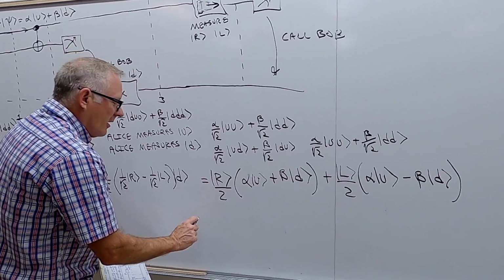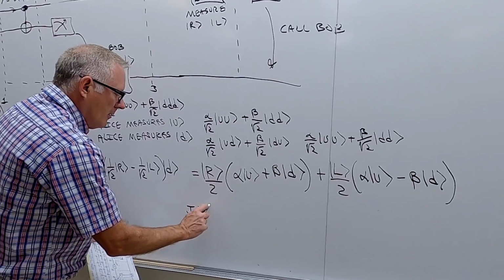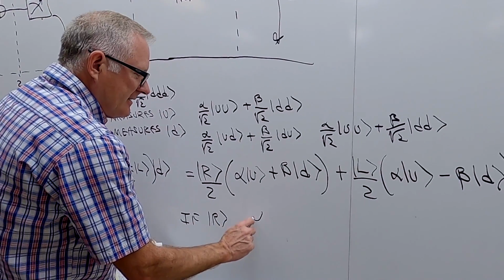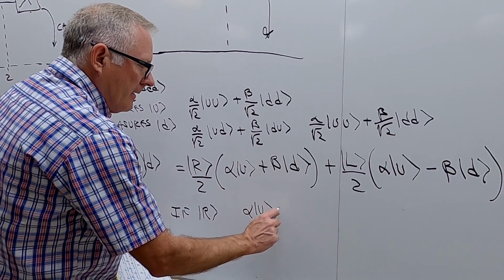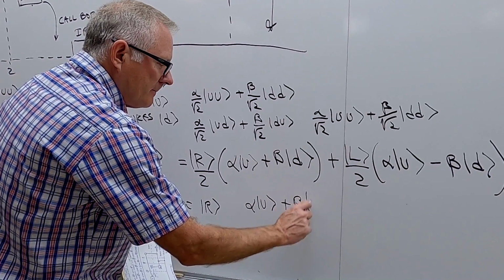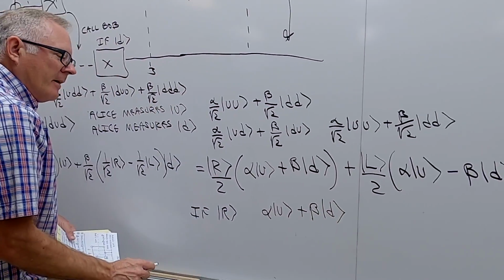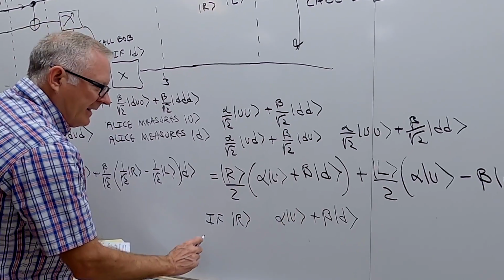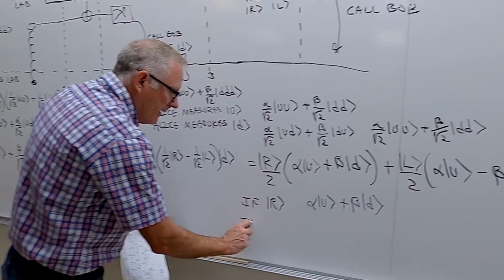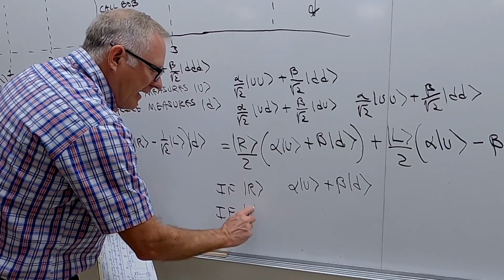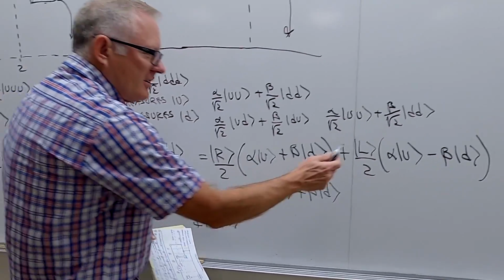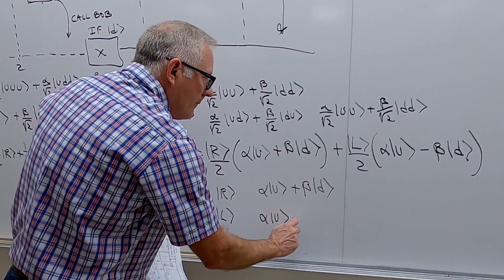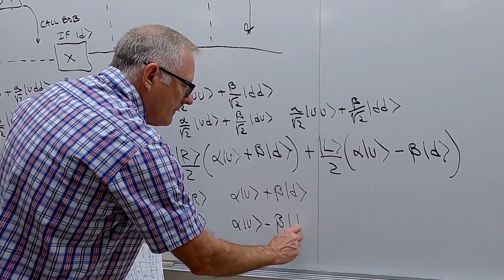So after the phone call, if she says, I got a right, then the state of the system is alpha up plus beta down. I don't need the 2 in there because this is all normalized anyway by now. If she says I got a left, then it's going to be that one over there: alpha up minus beta down.